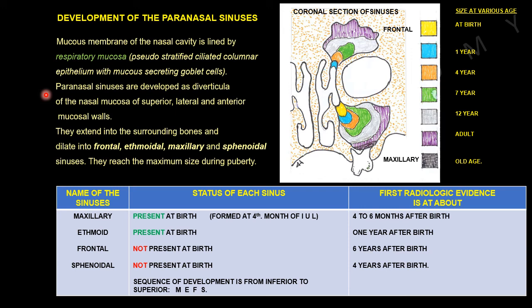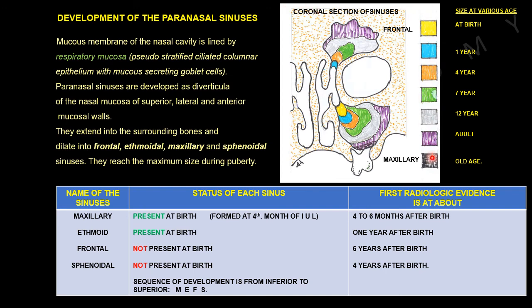Paranasal sinuses develop as diverticula of the nasal mucosa of the superior, lateral, and anterior mucosal walls. They extend into the surrounding bones and dilate into frontal, ethmoidal, maxillary, and sphenoidal sinuses. They reach maximum size during puberty.